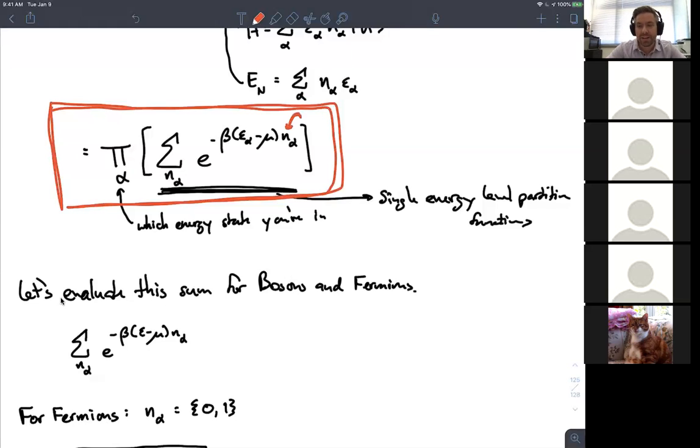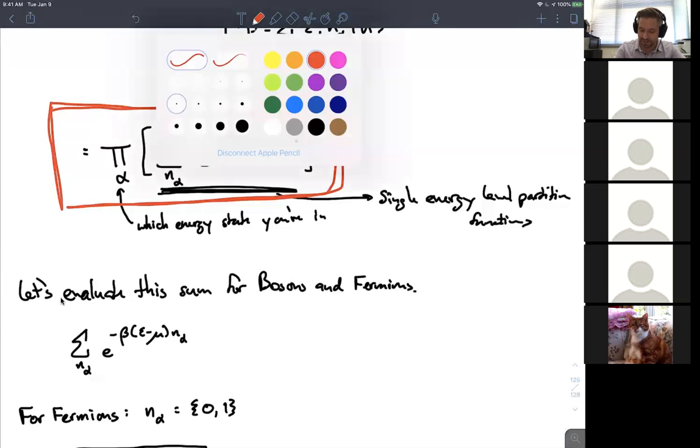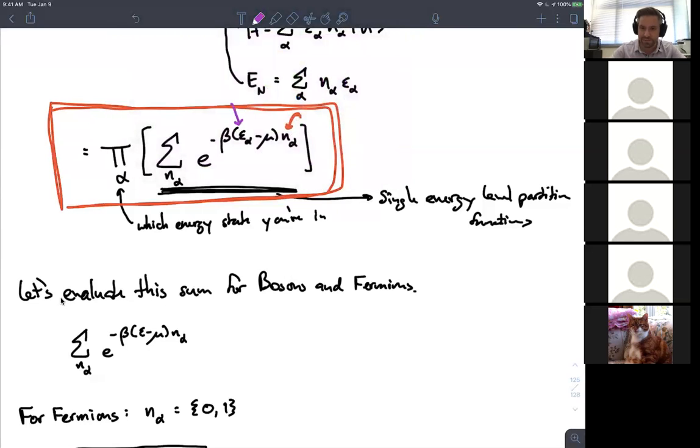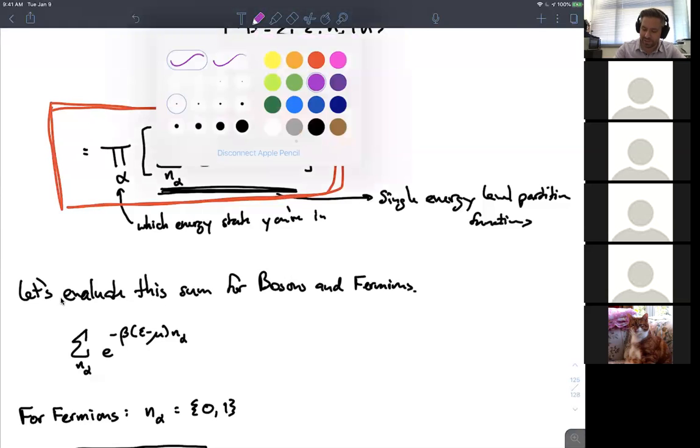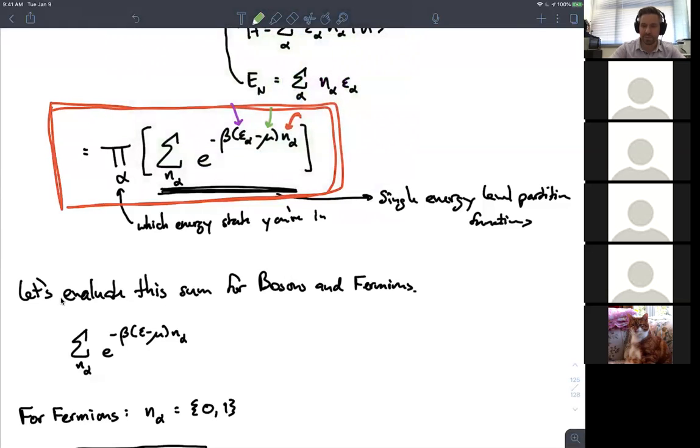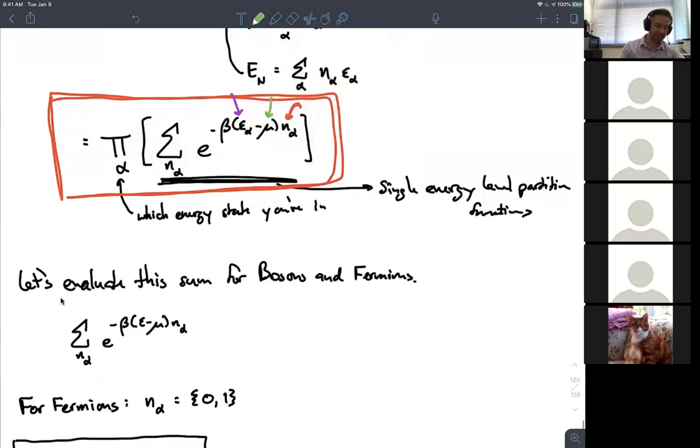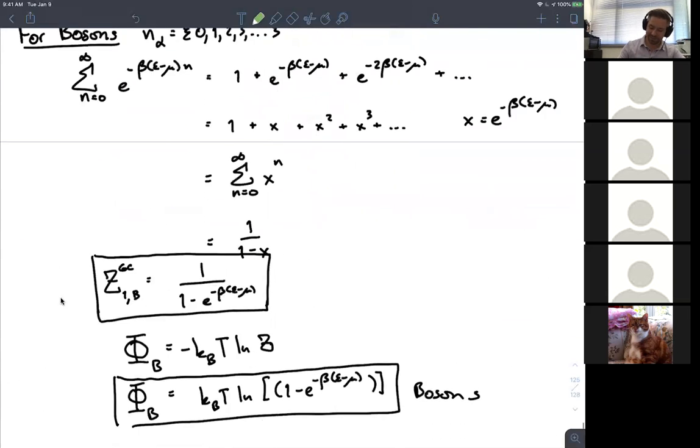Then you look and see what is multiplying n alpha. So we have two choices: epsilon alpha is multiplying n alpha, and mu is multiplying n alpha. We could take the derivative with respect to either epsilon alpha or mu, and that will give us the average occupation number. So let's do that.